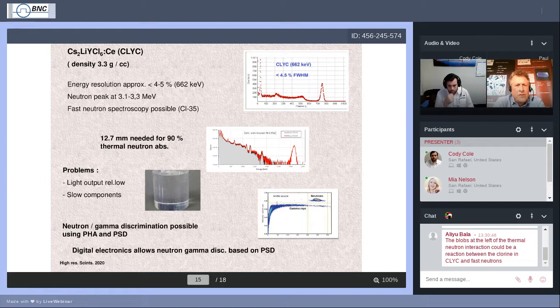I know there are some studies on the neutron damage or gamma resistivity of CLYC, but I don't remember the numbers at the moment. But I think the material was quite radiation hard, just like all these cerium-doped compounds. Cerium bromide, LBC, they're all radiation hard up to 10,000 gray.